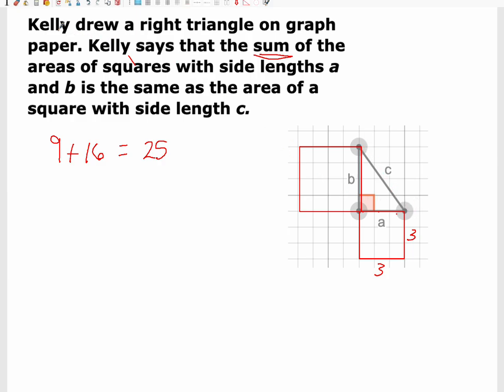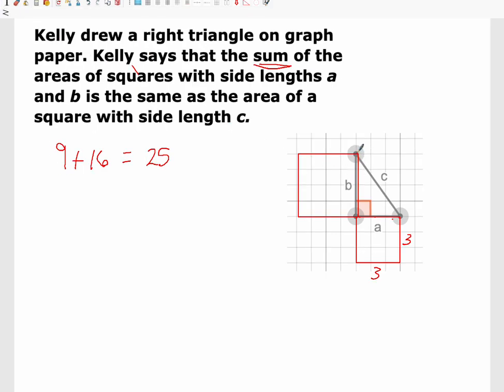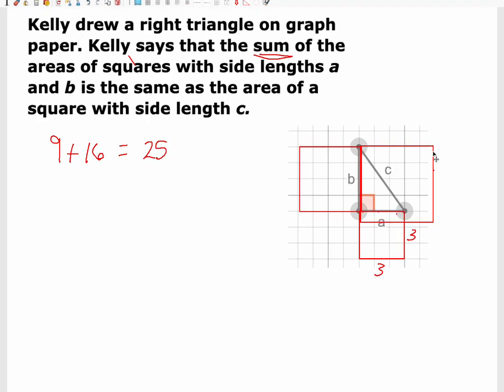And so what we can't really tell from this picture is what this side length is. But what they're saying is that if we add those 2 squares together, it should be the same amount as if we had a square, 1, 2, 3. I don't know if I can do that with this or not. I'm trying something different here.